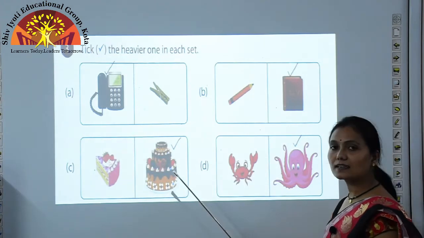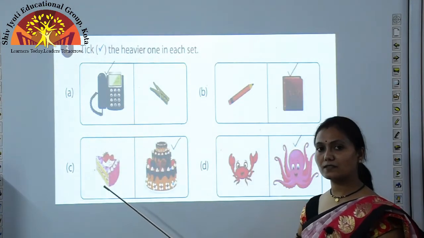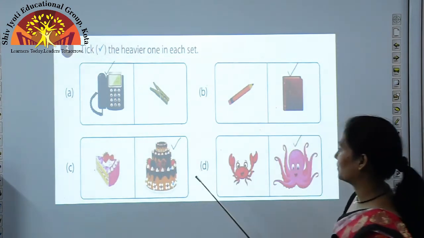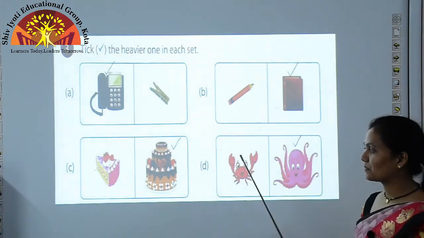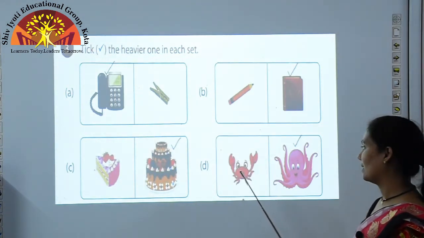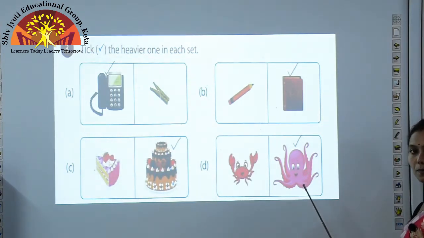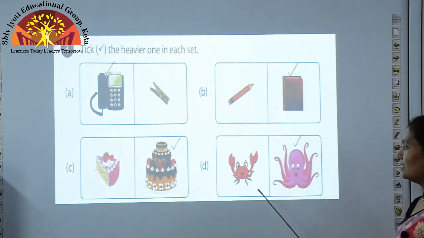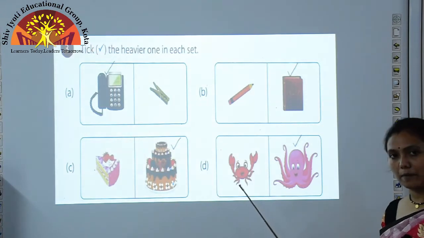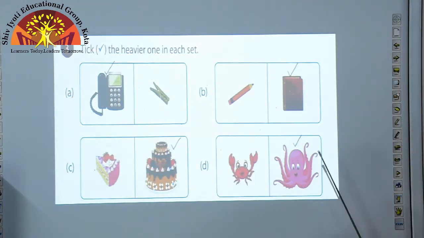Here cake is heavier than a pastry. So we'll take cake. Next D. This is a picture of crab and this is an octopus. Here you can see octopus is heavier than a crab. So we'll take above octopus.